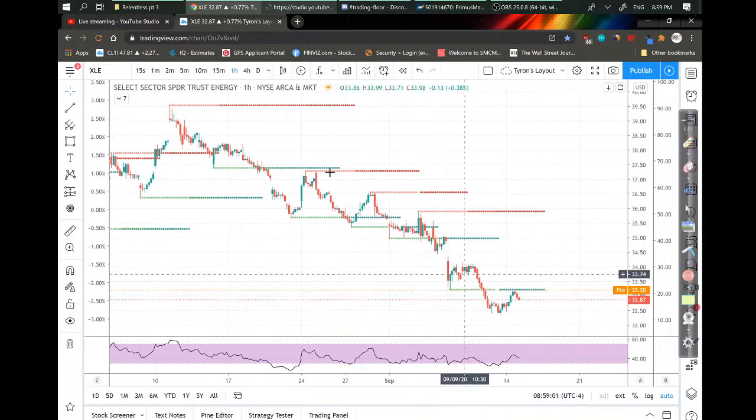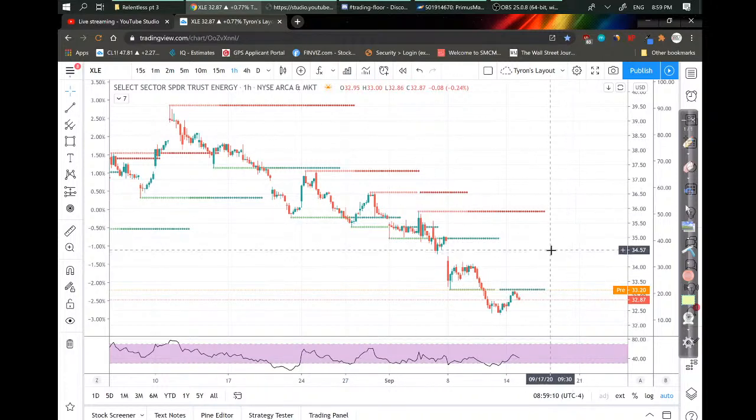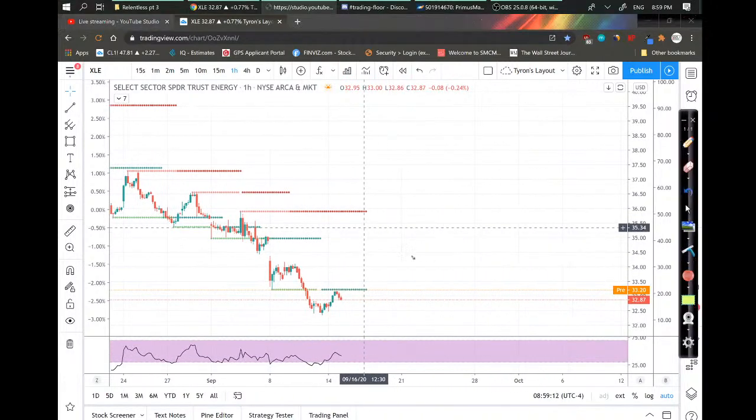Absolutely not, because it's already made its move. Now it could reverse, so you wait patiently for it to reverse and start making higher highs. You wait for it to do one of these, and then you can enter on the second or third wave to play the rebound.